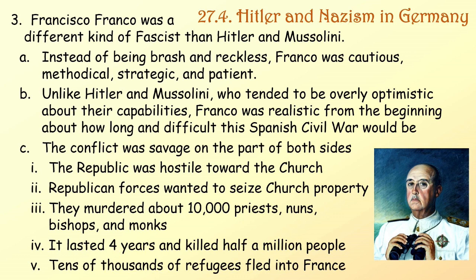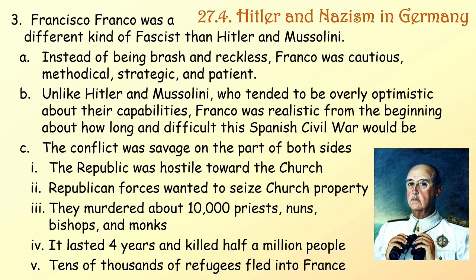Francisco Franco was a different kind of fascist than Hitler or Mussolini. Instead of being brash and reckless, Franco was cautious, methodical, strategic, and patient. Unlike Hitler and Mussolini, who tended to be overly optimistic about their capabilities, Franco was realistic from the beginning about how long and difficult this Spanish Civil War would be.